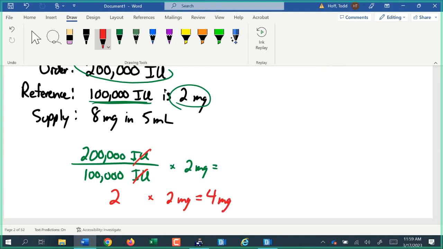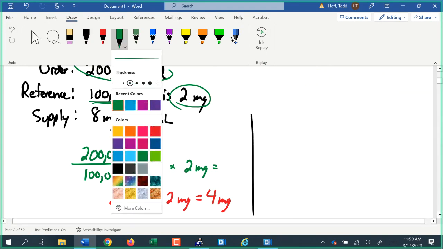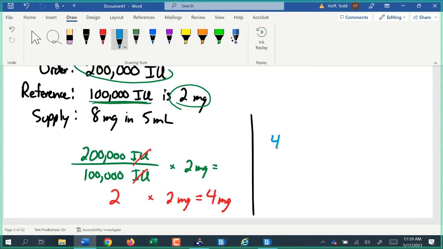Now, we want 4 milligrams to go into the patient, but that's not the final vehicle to get this into the patient. So we have to repeat this calculation now to convert that 4 milligrams into an administrable dose. So the 4 milligrams, if we look at our supply, is contained in 8 milligrams. That's the only thing with milligrams as the unit that goes below it.